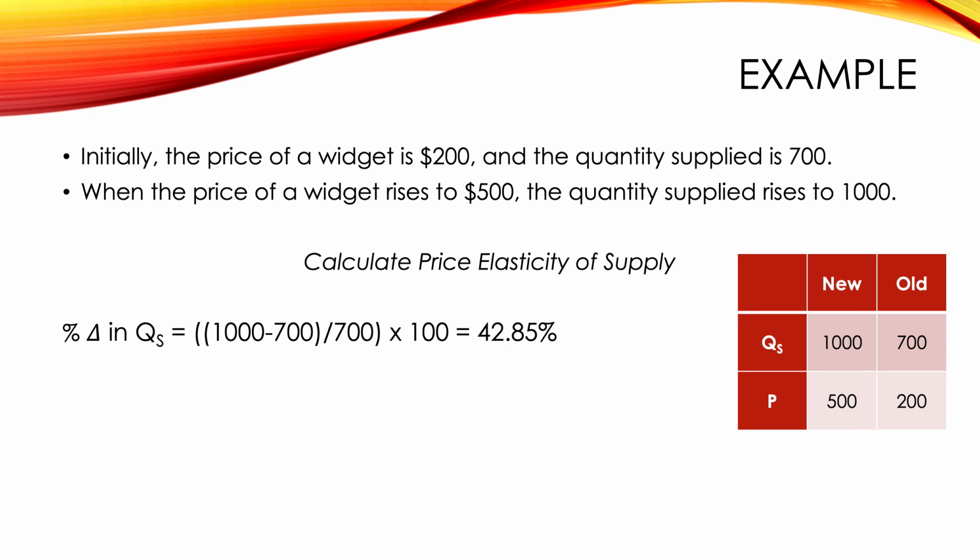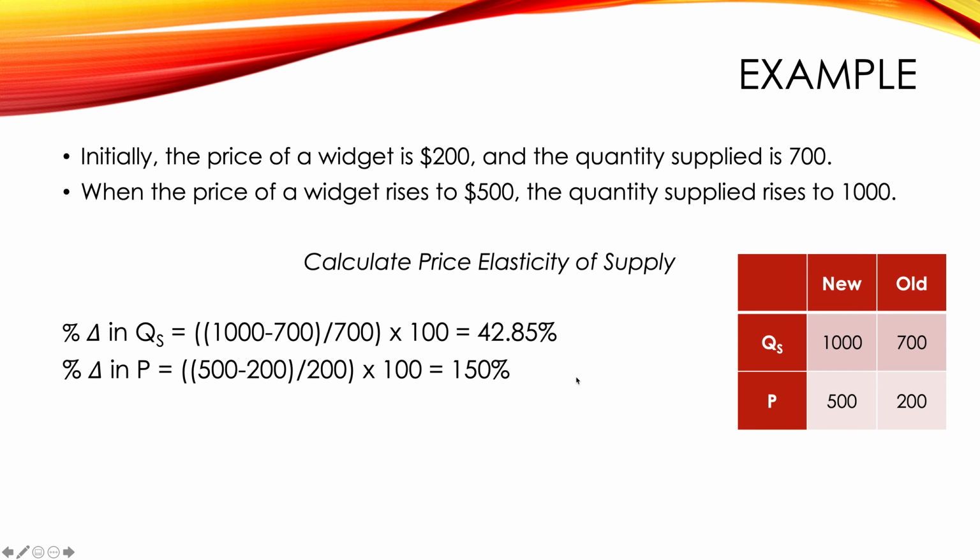We're going to start off by getting our percentage change in quantity supplied. There's our new quantity, 1,000, minus our old quantity, 700, divided by the old quantity, which is 700, and then multiply that by 100 to get 42.85. Then we find the same thing for price: 500 minus 200 divided by 200 times 100 is 150.